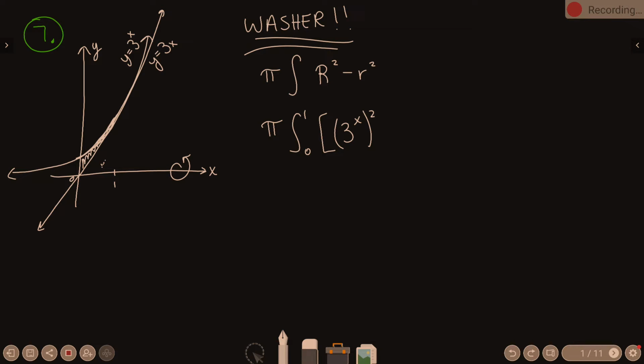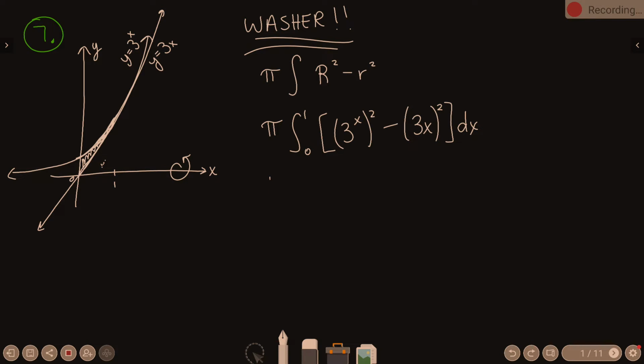Minus little r, the one closer to your axis of rotation, which is 3x. So this time 3x quantity squared, times dx. I'm working in terms of x's because I'm rotating about the x-axis. My boundaries are x values because I'm working around the x-axis.